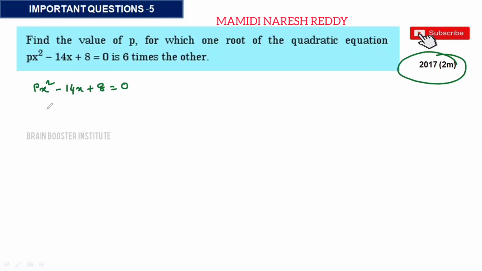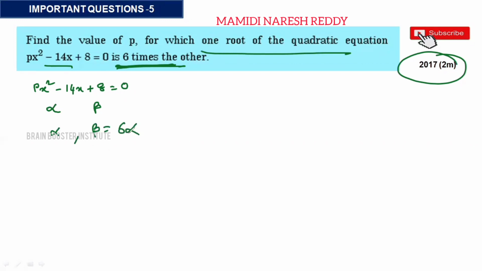Now let us assume that one root is alpha and the other root is beta. Got it? The given relation between the two roots is that one root of the given quadratic equation is 6 times the other. If alpha is one root, then beta would be 6 times alpha, so we can write it as 6 alpha.